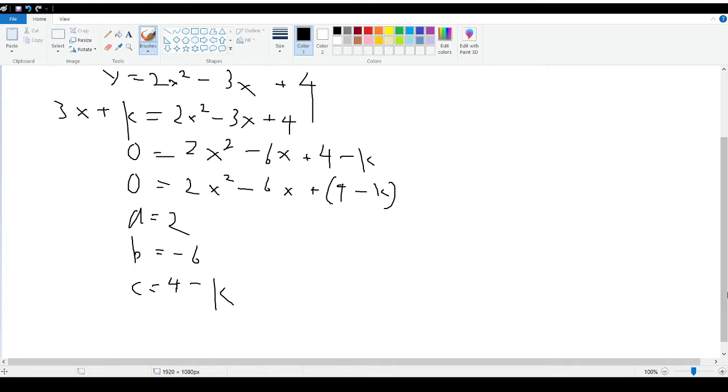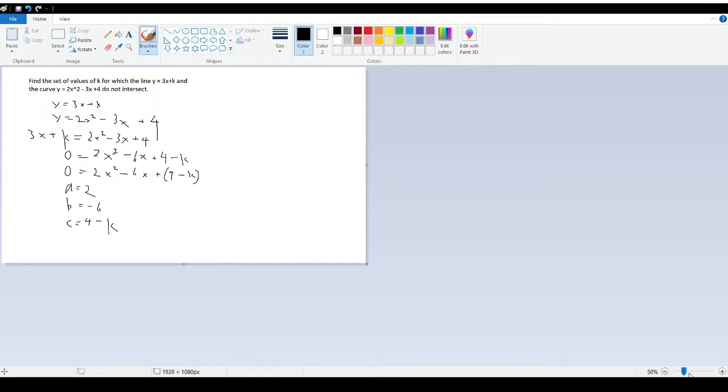So let's go back to the question. The question says that this one does not intersect. So when we visualize this, if we plot them together, they should not touch the x-axis at all. It should not have a real root because they do not intersect.